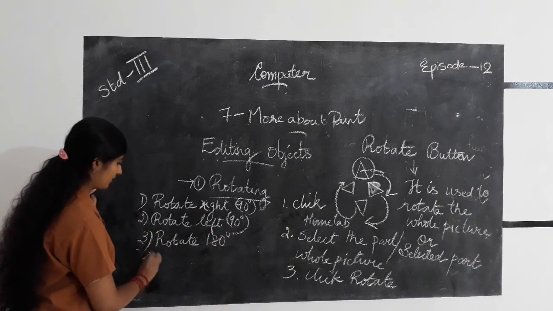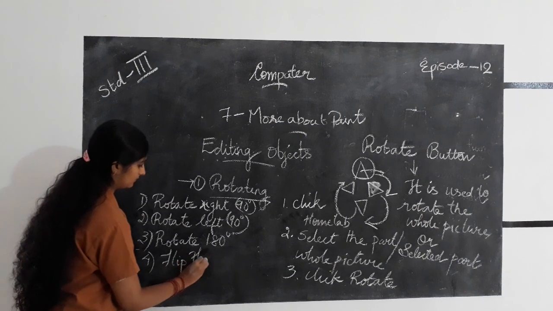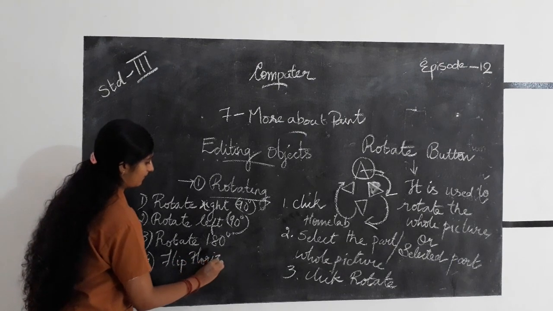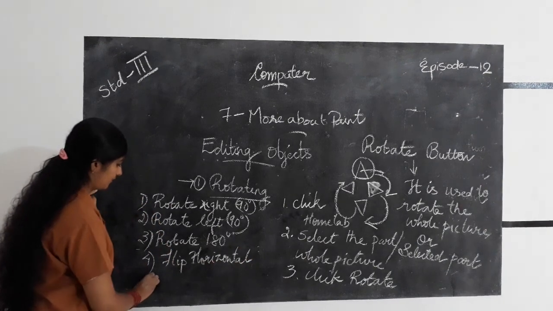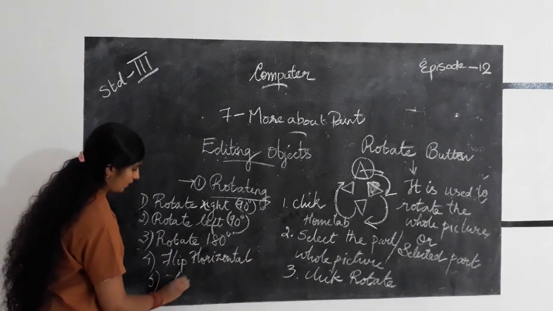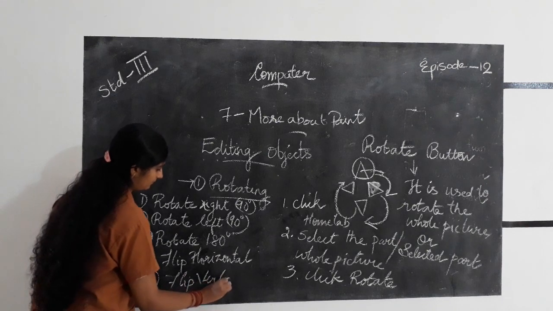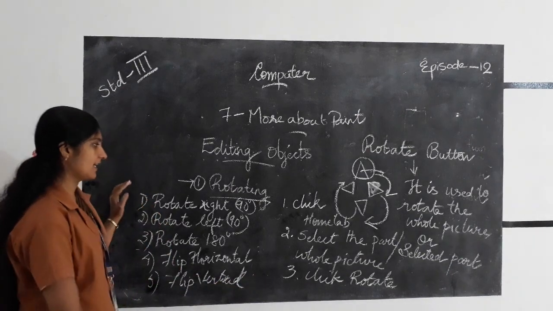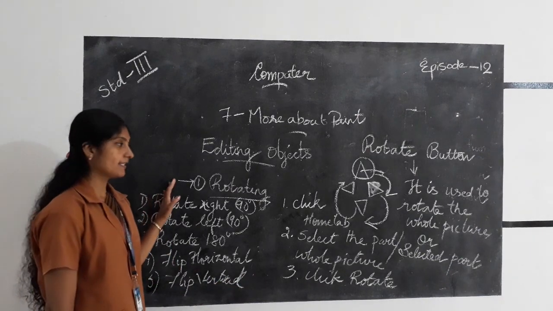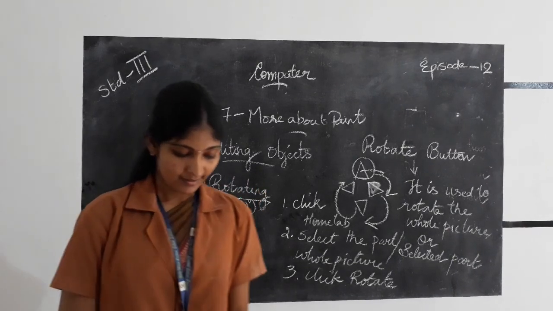Then fourth one, flip horizontal. Then fifth one, flip vertical. So these are the buttons used for rotating a picture.